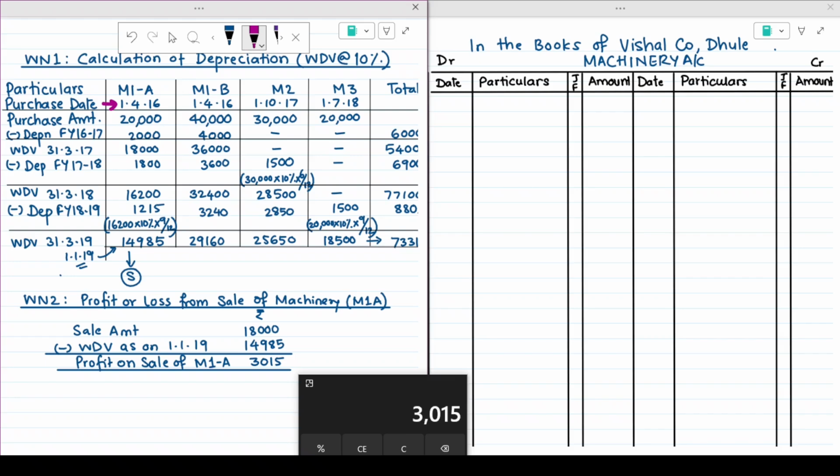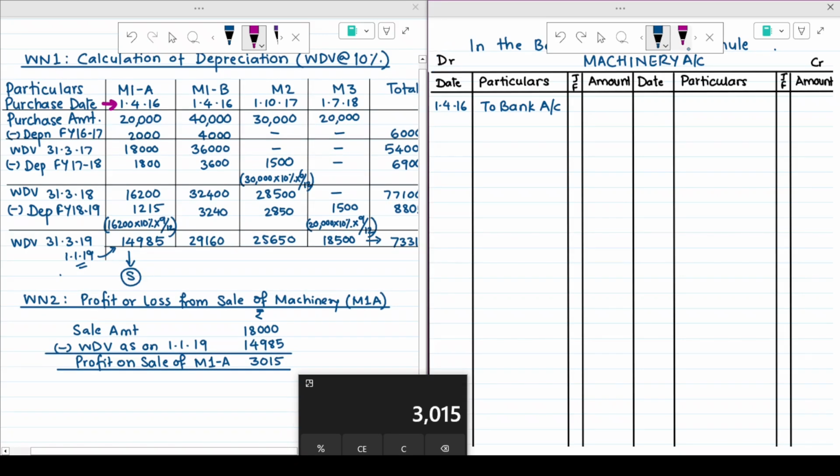But while passing the journal entry, when we purchased it on 1st April 2016, we will pass one entry only, right? Machinery account debit to bank account, cash or bank account, generally bank account. Big amounts we don't generally pay in cash. So 20 plus 40, that is 60,000, we will pass one entry on 1st April 16, machinery account debit to bank account, amount 60,000.